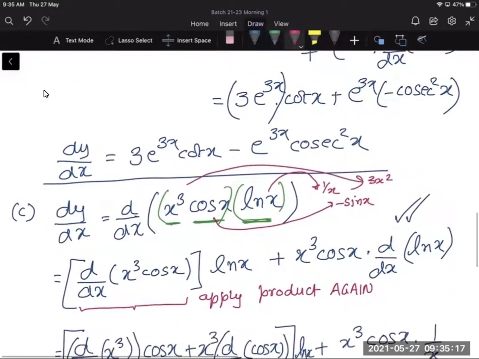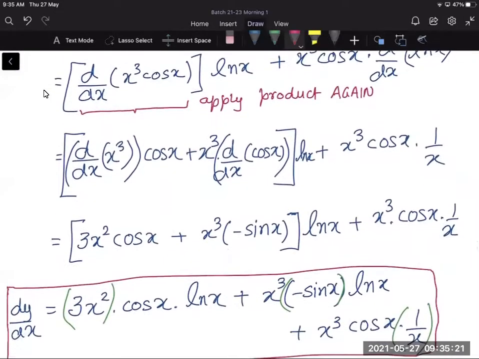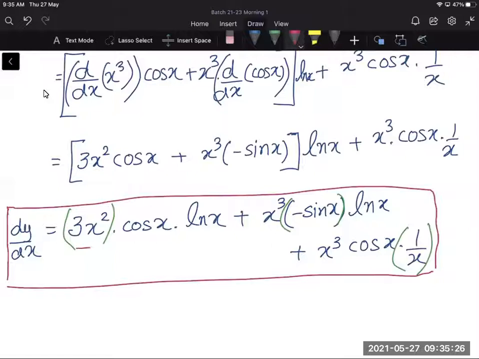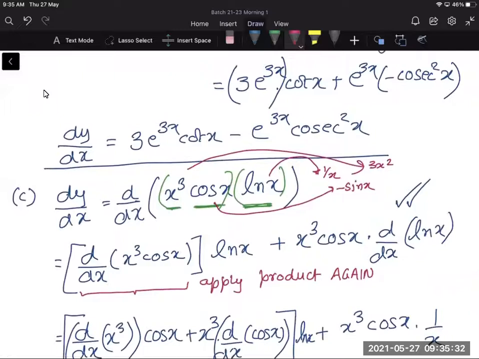Okay. So when I carry out the product rule and everything, I get an answer which is 3x square into cosine x into ln x. Well, 3x square happens to be the differentiation of this, into cosine x into ln x. That means that the first term has been differentiated. Second and third have been left alone.